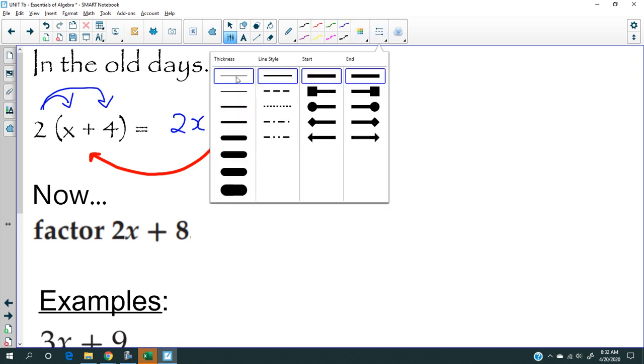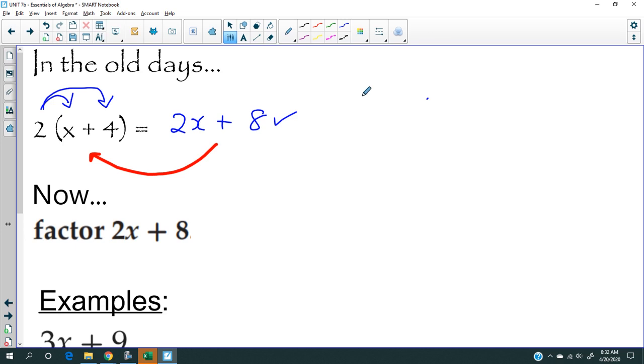Now, not new, actually, because we've done this before very early on in the school year. If I were to ask you to factor this out, your answer would have been this. And that's nothing new here.